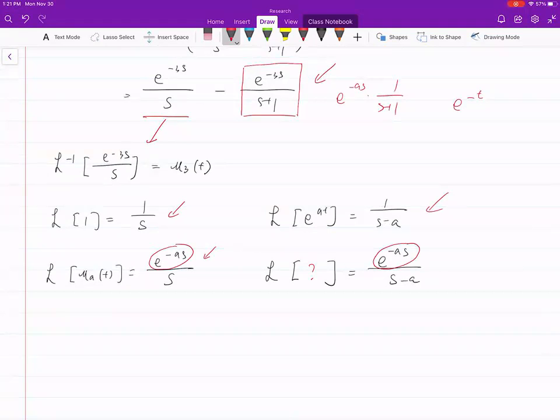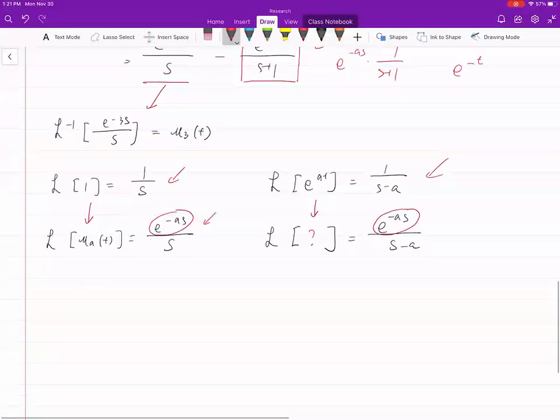So somehow the relation between these two should be similar to the relation of these two. Of course, this is just a guess. This is not accurate, but this is a reasonable guess. Everybody see that? Okay. Then the relation between these two will be similar to the relation of these two.